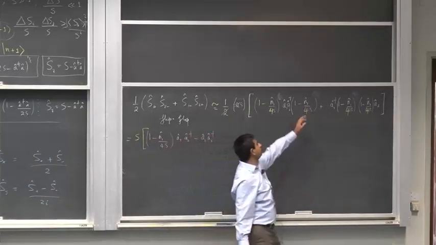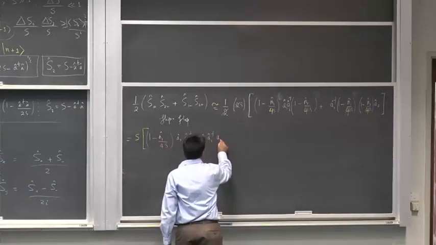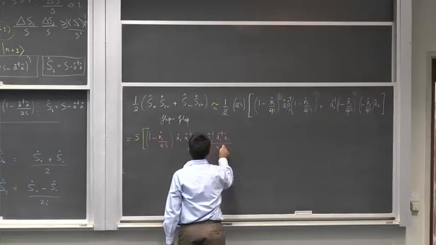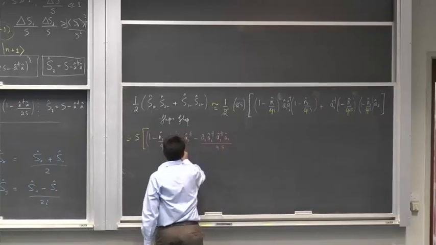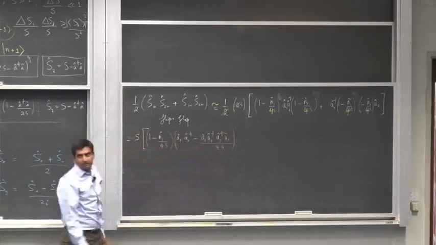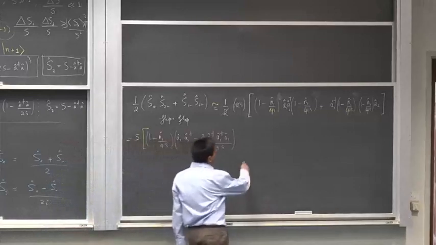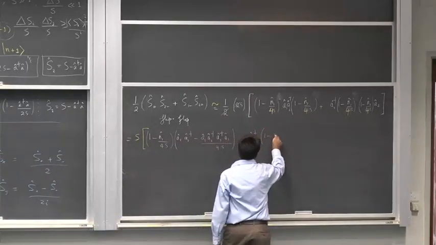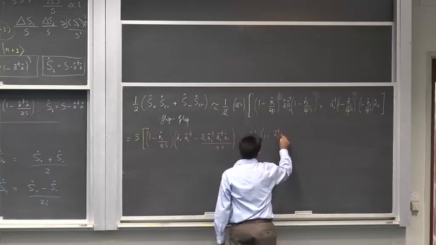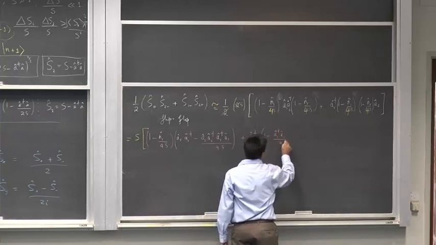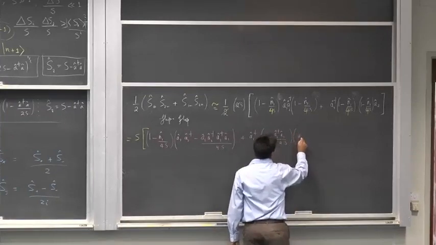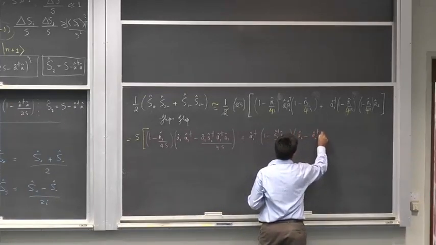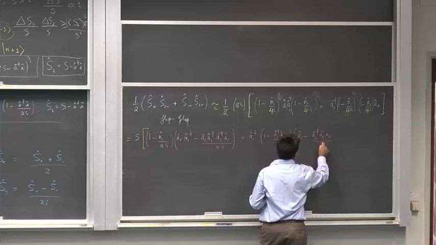Now this n2 is a2 dagger a2 over 4S. This is algebra here, plus a1 dagger (1 minus a1 dagger a1 over 4S) a2 minus a2 dagger a2 over 4S.